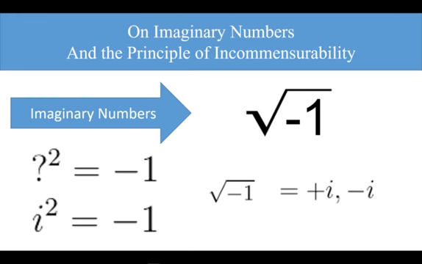So both i squared and (-i) squared are equal to -1. Although there are two solutions to the square root of -1, generally positive i is given as the identity of the imaginary numbers. Now, I have a problem with this, but I will get into that at another time.